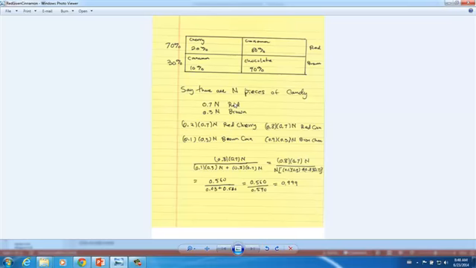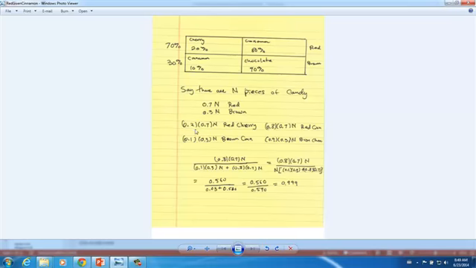Well, here I decided it was better not to use any fancy formulas. I just said, okay, suppose that we've got n pieces of candy together, then 0.7 times n of them are red and 0.3 times n of them are brown. We've got it broken down by color. Let's break it down by flavors.